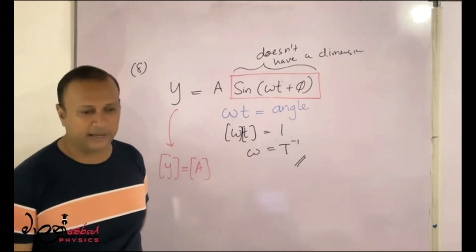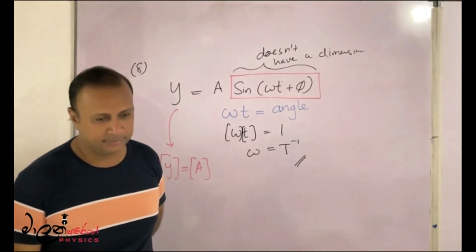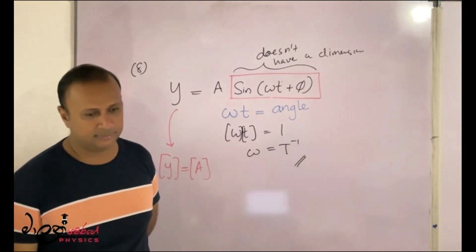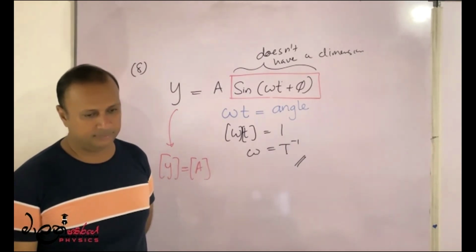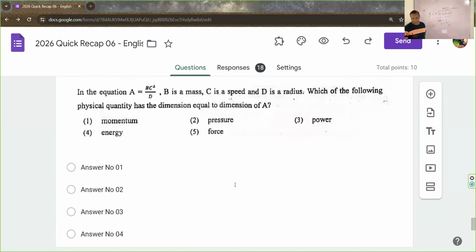Okay. Then the ninth one. The next one. In the equation, A is equal to BC squared over D. B is a mass, C is a speed, and D is a radius.